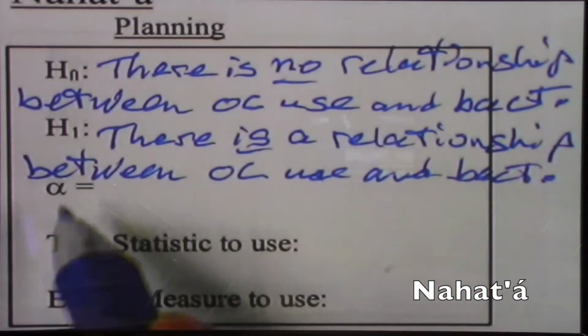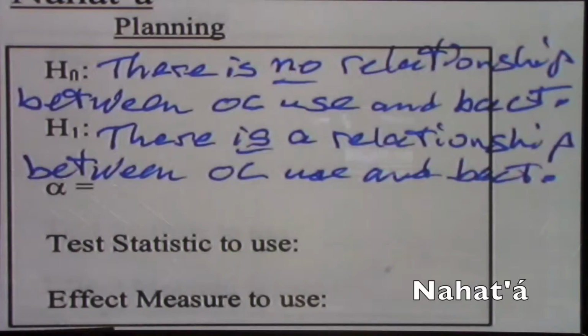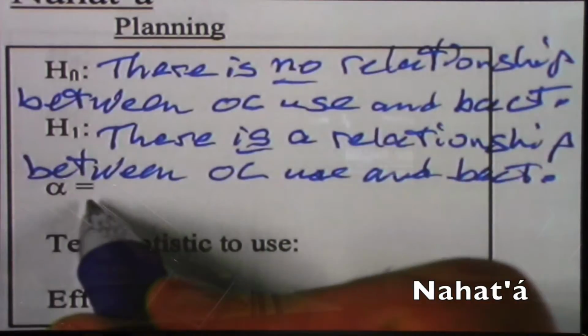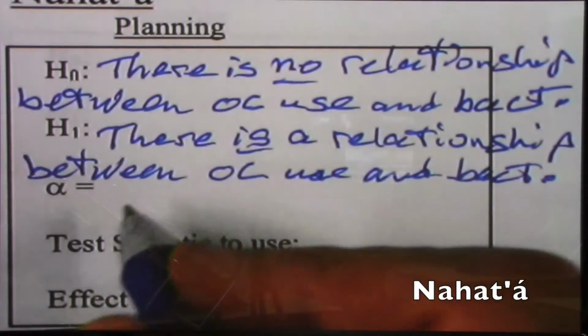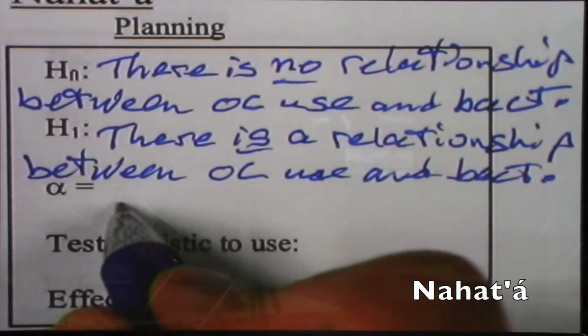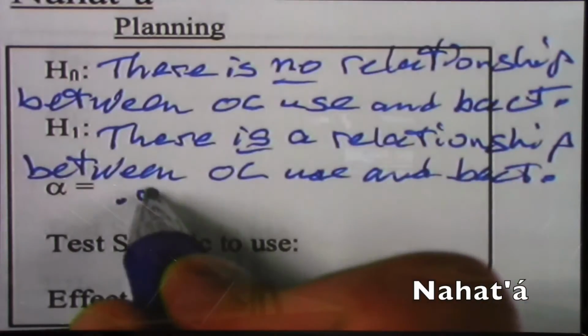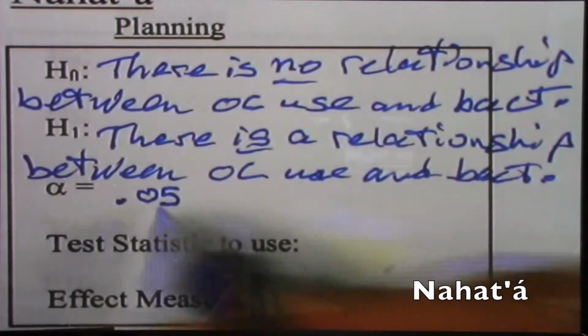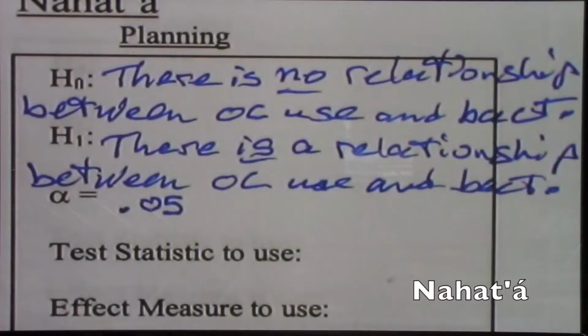Okay, this Greek letter here, the lowercase alpha, the first letter of the Greek alphabet, stands for the level of significance of the test. So this is our cutoff for whether we're going to find the results statistically significant or not.